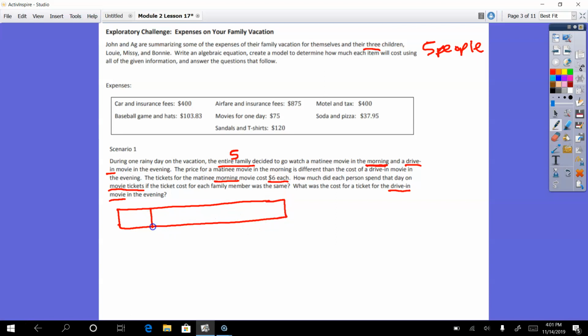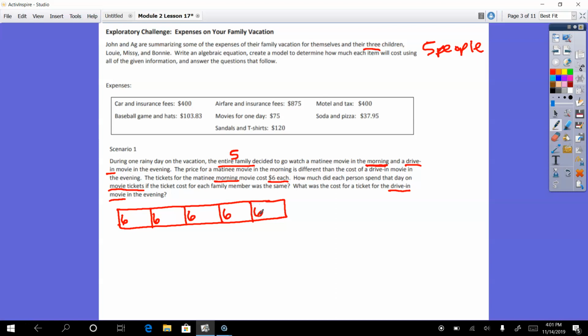We had 5 people. Okay, and so each of those 5 people went to the morning, which cost $6.